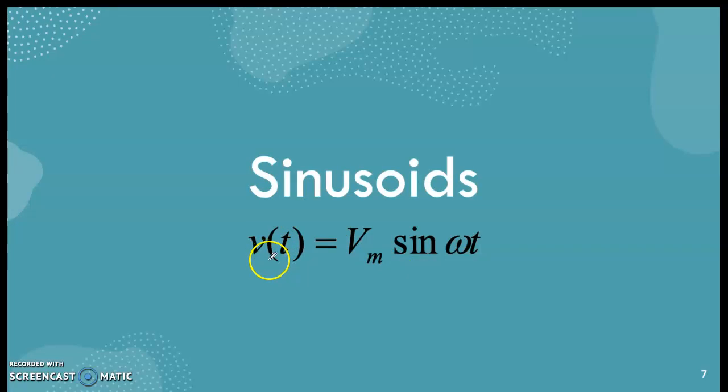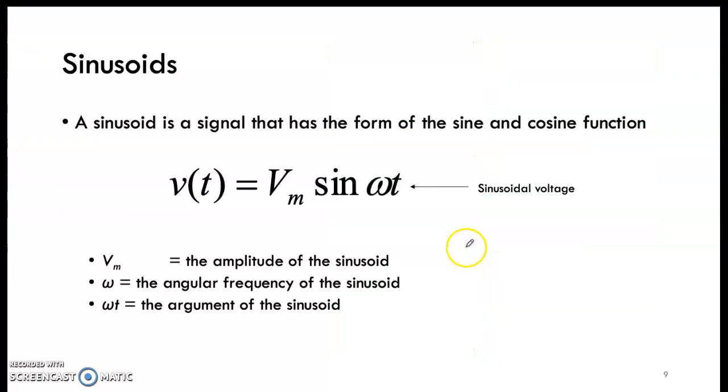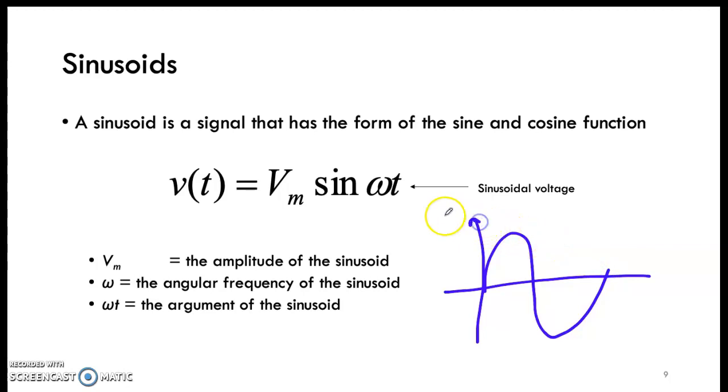Sinusoids come from the sine or cosine wave. So we see how this function relates to the sine and cosine wave. Let's say this is your sine function. You have here voltage in volts, and it changes with time in seconds. So what is Vm here? Vm is the amplitude, from 0 to the peak of the sinusoid.